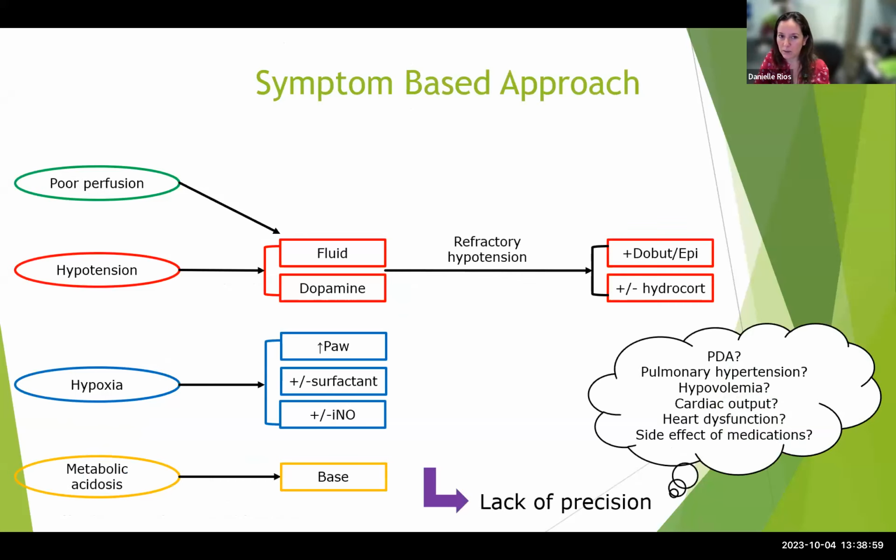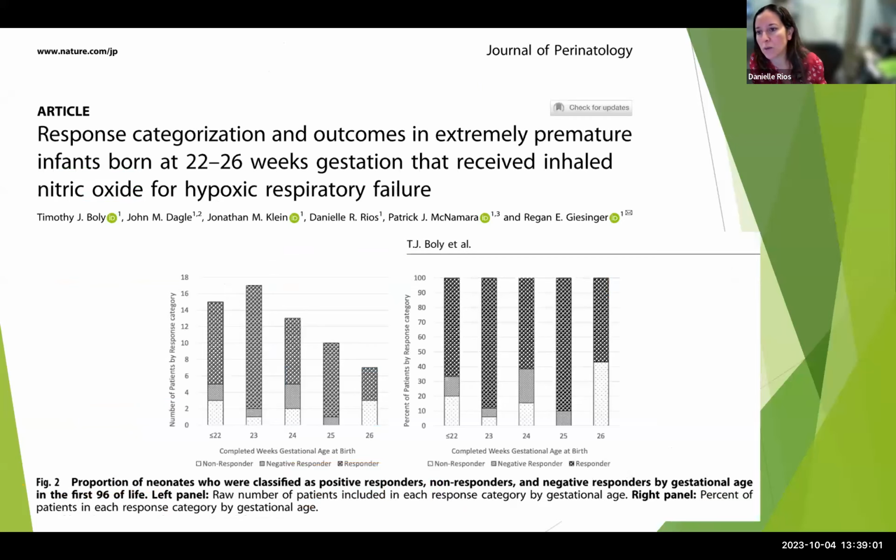I will mention one study that our group did where we looked at premature infants who received inhaled nitric oxide for hypoxic respiratory failure, and categorized them into responders, non-responders, and a new concept of negative responders, meaning the baby clinically worsened after iNO initiation. In other studies, these are usually lumped in with the non-responders, which makes it seem like there are fewer responders.